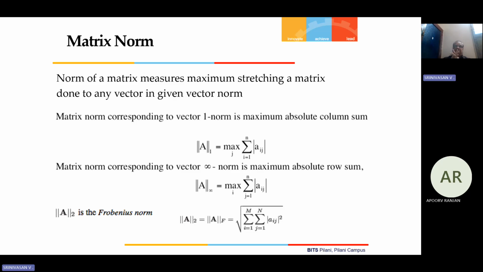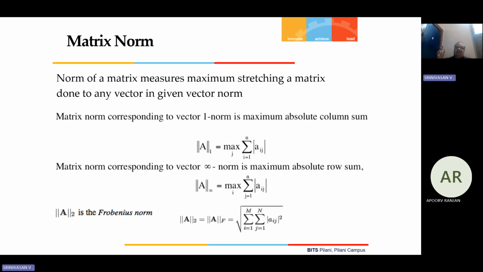The norm of a matrix measures the maximum stretching a matrix does to any vector in the given vector norm. So the matrix norm corresponding to the vector 1 norm is the maximum absolute column sum. It is denoted norm A with suffix 1. What is the meaning? The maximum of the sum of absolute values of the column elements.